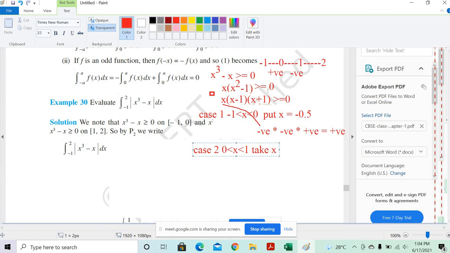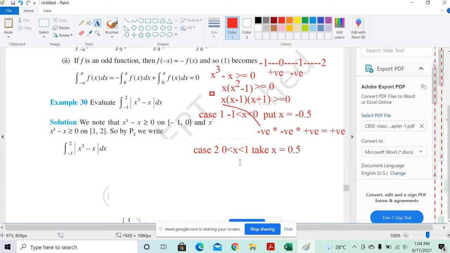Take x is equal to 0.5 now, positive 0.5. Correct, no? Because between 0 to 1, 0.5 is positive only.